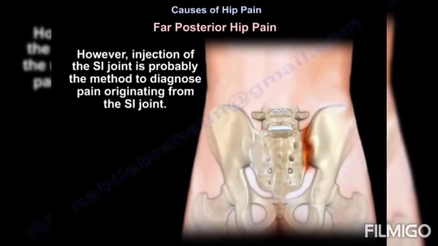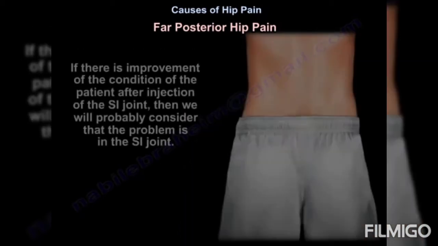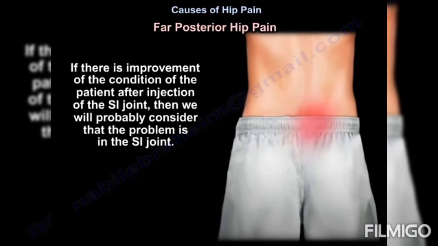However, injection of the SI joint is probably the method to diagnose pain originating from the SI joint. If there is improvement of the condition of the patient after injection of the sacroiliac joint, then we will probably consider that the problem is in the SI joint.